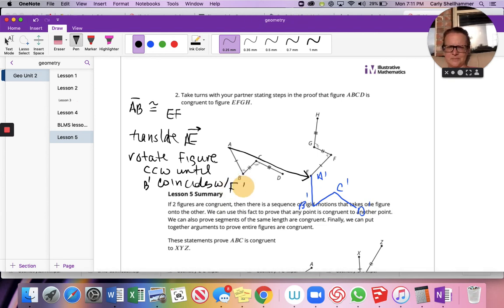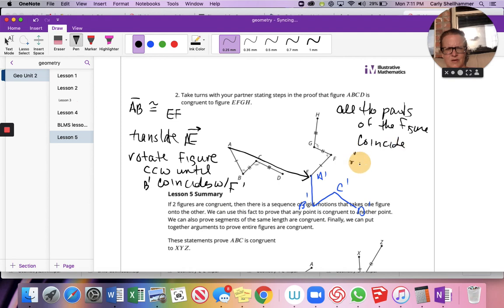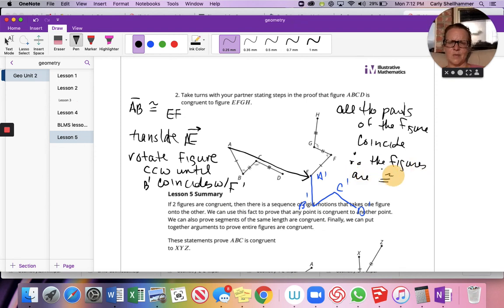F prime. And then I can say that all the parts of the figure coincide. Therefore, the figures are congruent.